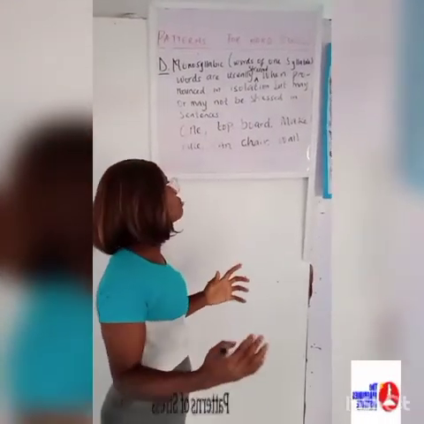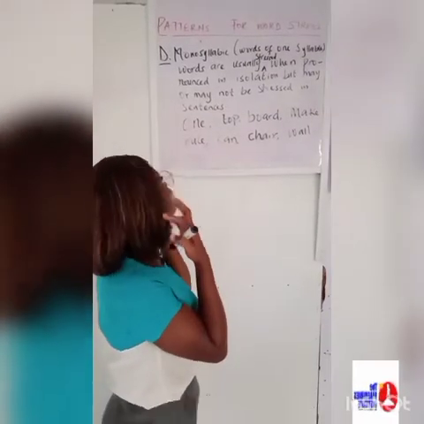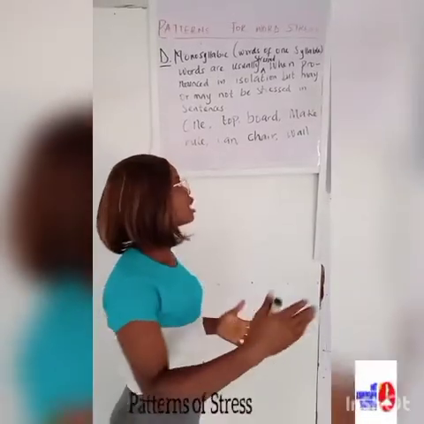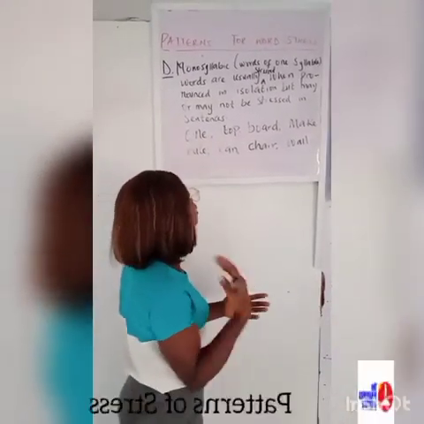And what do we mean by isolation? That is when they are standing alone. When you're listing some words, you can stress the word if it is a monosyllabic word.